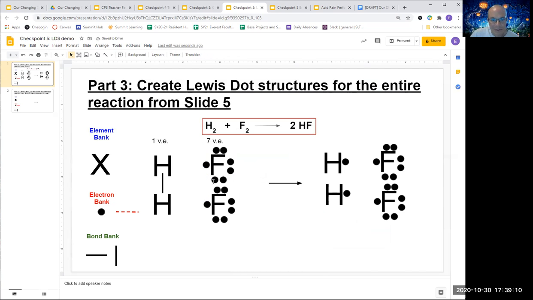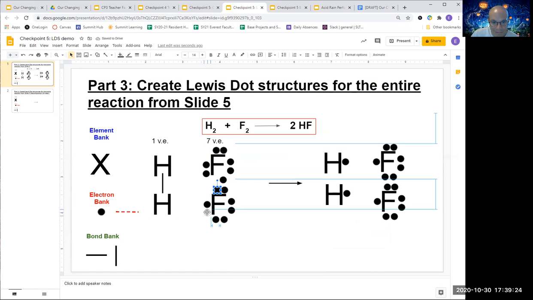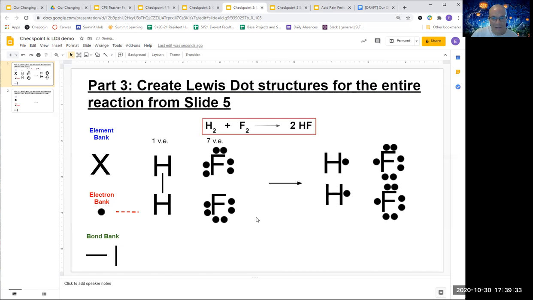And instead of having this non-bonding electron, or this single electron, be here, I'm just going to move this over here, pair the electrons there, pair the electrons right there, so I can make a bond between these two F atoms, between these two single electrons. So let's get rid of those, and let's take a line here, show the bond, and we'll put a bond between these two fluorine atoms.